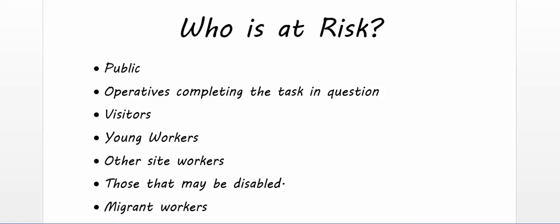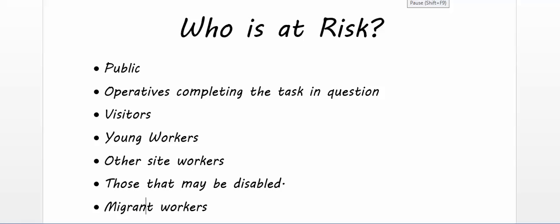Once we've done that, we need to consider who's at risk. Well, often got to consider the public if you're involved in construction, operatives completing the tasks in question, visitors to sites, the people that may not be used to the site or understand the risks associated with the site, younger workers of particular importance, other site workers just working close to the works, those that may be disabled or unable to complete certain tasks, and migrant workers that may not understand the risks.